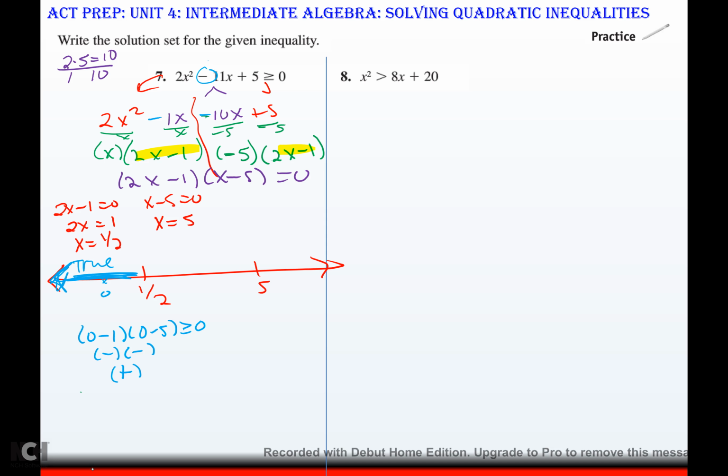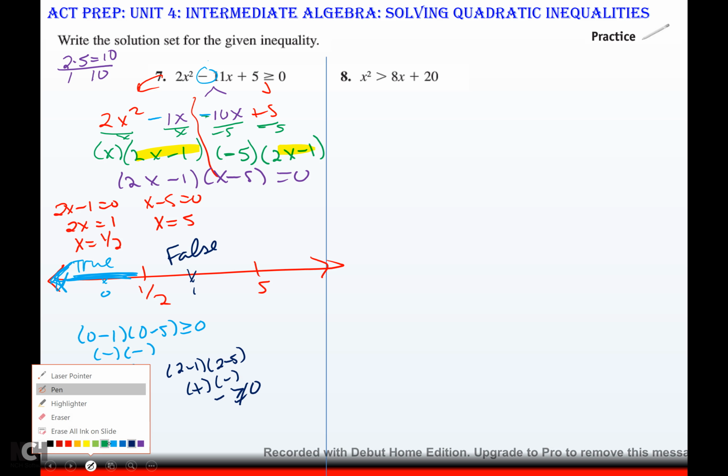Pick something in the middle between 1/2 and 5, like, I don't know, 1. So I'd have 2 times 1 is 2 minus 1, and 2 minus 5. Well, that would be a positive, and that would be a negative, which is a negative, which is never greater than or equal to 0. So this section is false, just like I thought.